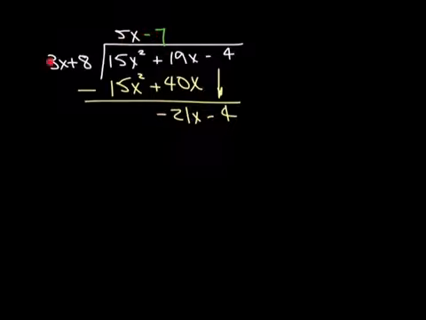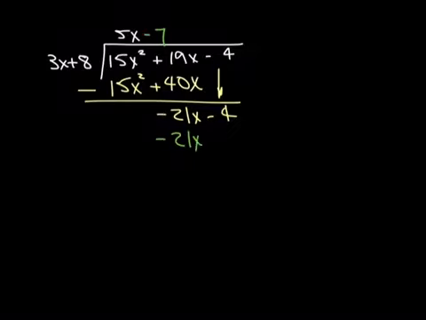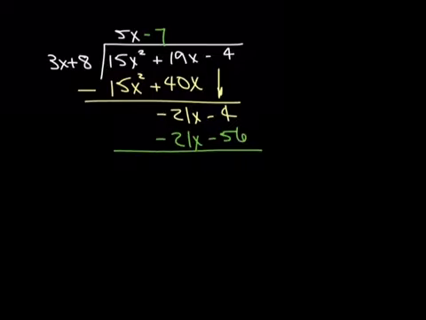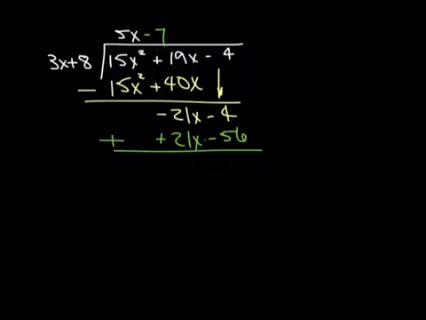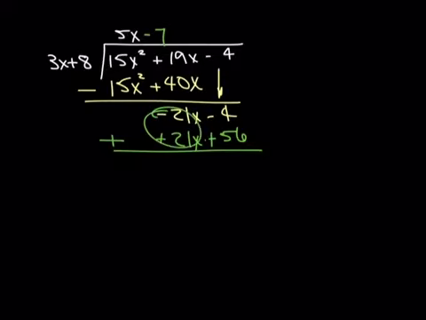I'm going to multiply negative 7 times 3, and then negative 7 times 8, line minus. It's going to make that and that positive, so these go away. Negative 4 plus 56 is positive 52. So I have a remainder now, and I know I'm done when I have no more variables. When I get just a number there, I'm done. So that's going to be plus 52 over that. Okay?